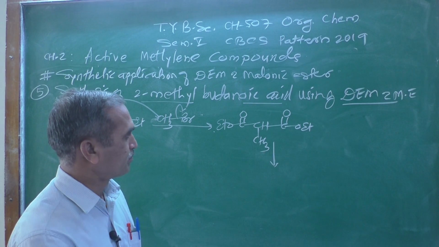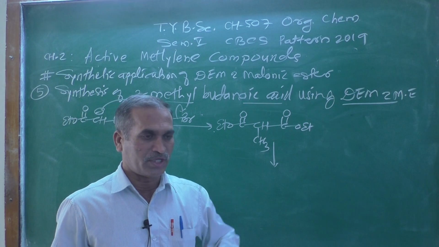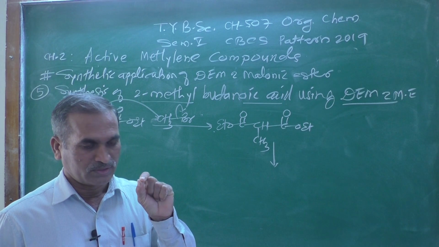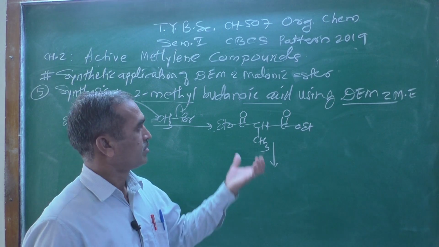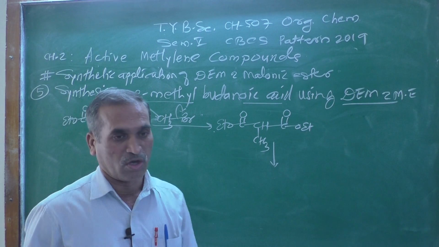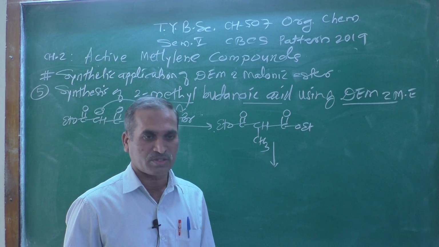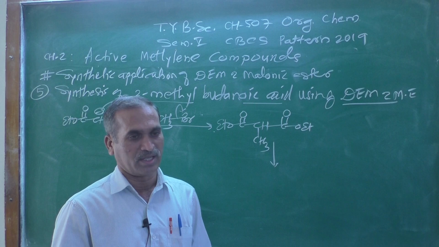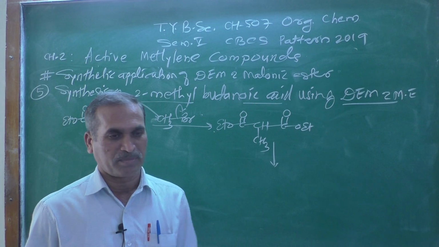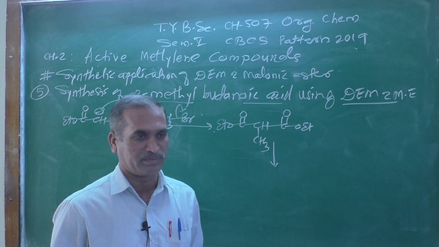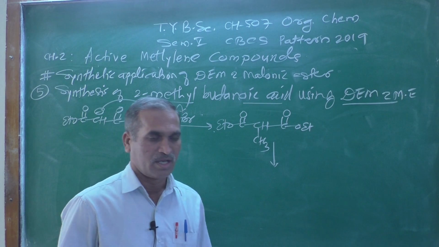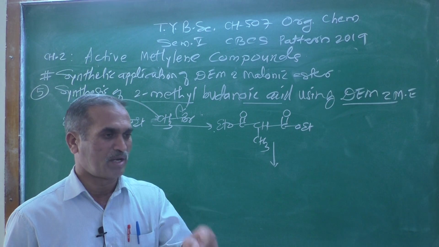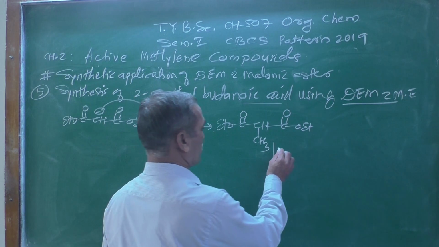So now here, most of the students get confused whether they should hydrolyze it or they can use the second molecule of base, that is sodium ethoxide. That's why there is somewhat of a confusion here, but in my previous lecture also I cleared that point. If there is a dialkylation, always use the second molecule of the base, which is sodium ethoxide.